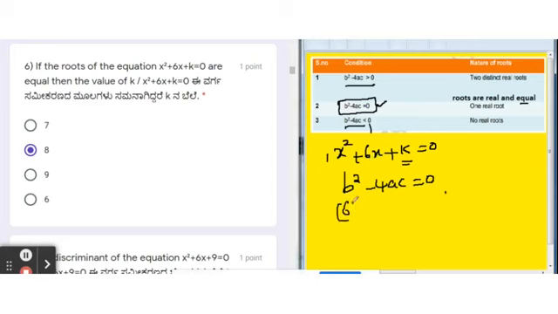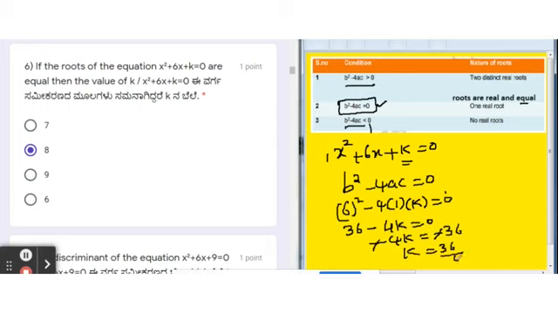Here b is 6, so 6 square, 4, a is 1, and c is k. 6 square value is 36, 4 into k is 4k, which is equal to 0. Minus 4k is equal to minus 36, negatives cancel, k is equal to 36 by 4, which is 9. So the correct option for this question is 9.